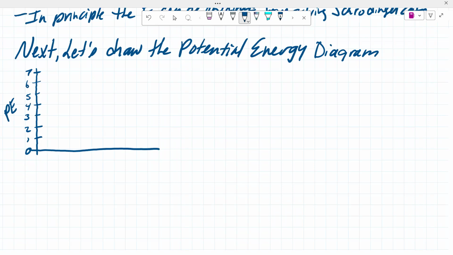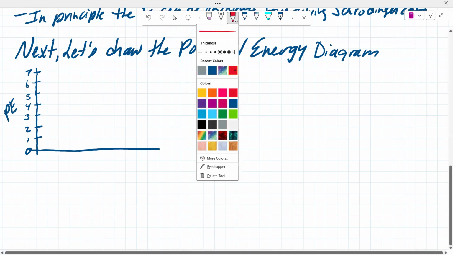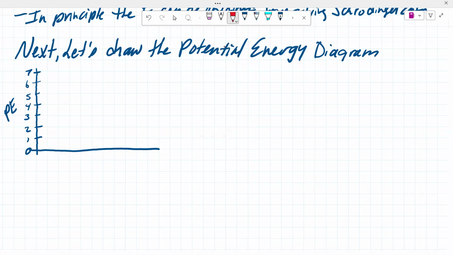We can draw these in a different color. Our C peptide is our reference state, and the height on the y-axis is the important thing, not the length of the bar. So this is our C peptide. This is the ground state.